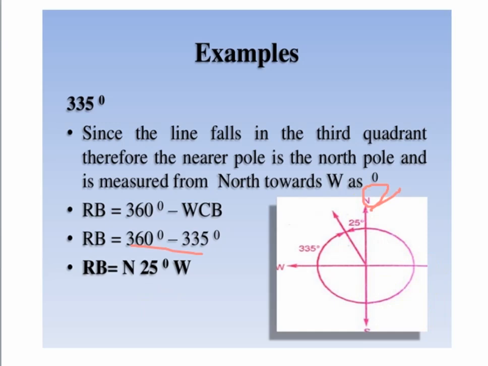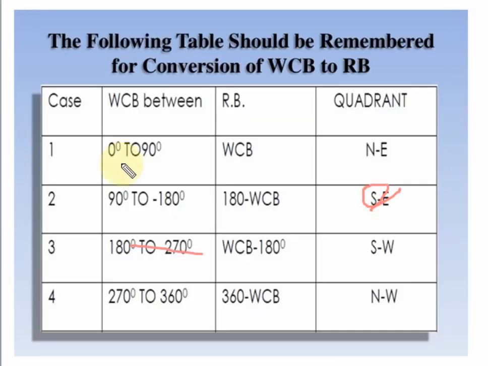So these are some rules related to the conversion of whole circle bearing to reduced bearing. You can see here, when the whole circle bearing is between 0 to 90 degrees, the reduced bearing is the same, just note down the quadrant northeast. When the whole circle bearing is in the second quadrant, that is 90 to 180 degrees, the rule is 180 minus whole circle bearing.